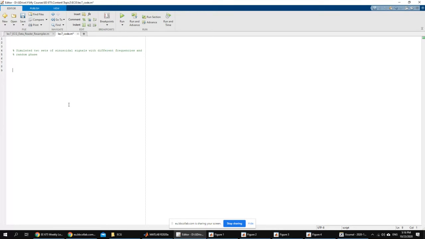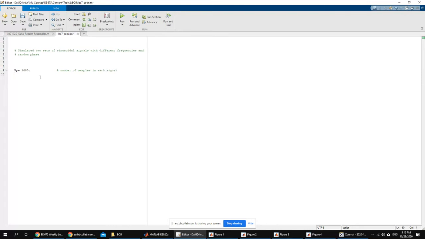Let's make it a little bit general. For each signal I have a number of points. Let's make it 100, exactly the same as the one in our problem. This is the length, or number of samples, in each signal.